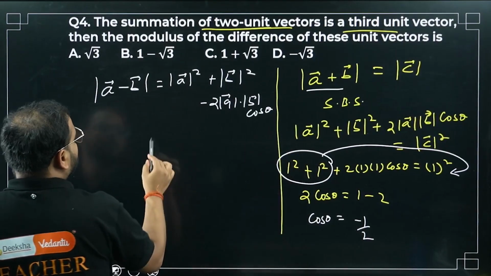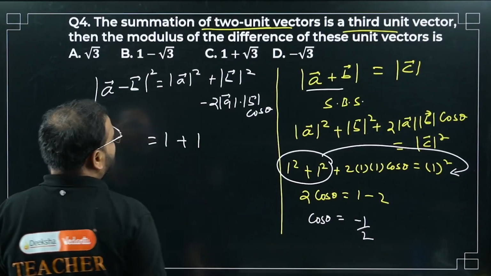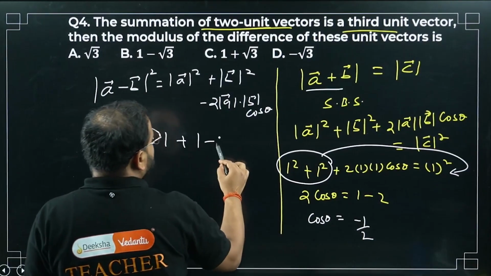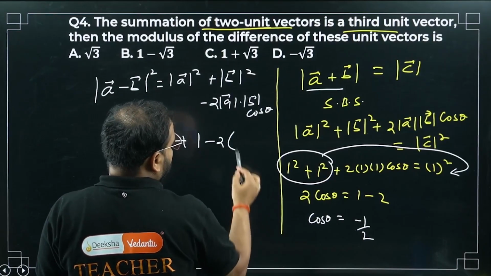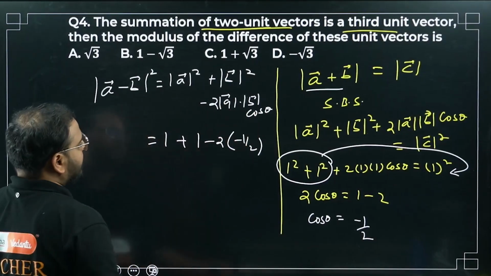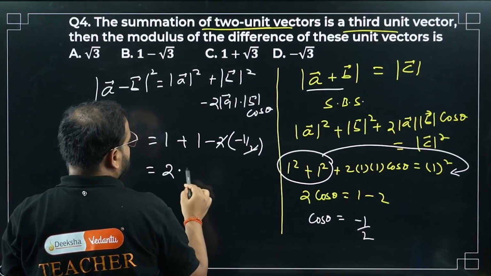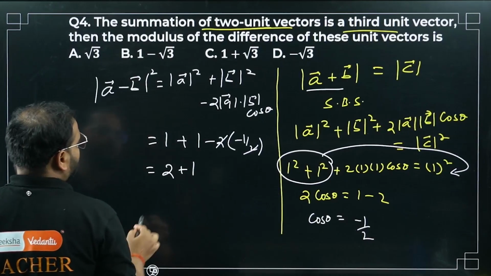I've written the whole square over here. So 1 plus 1 minus 2 times minus 1 by 2, because A is 1, B is also 1. I'm getting 2 here, 2 and 2 will cancel, minus and minus will become plus. So 2 plus 1 is 3.